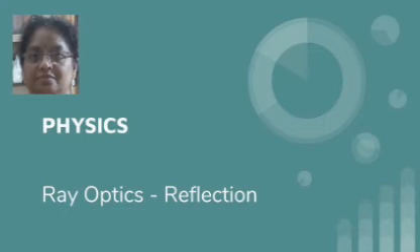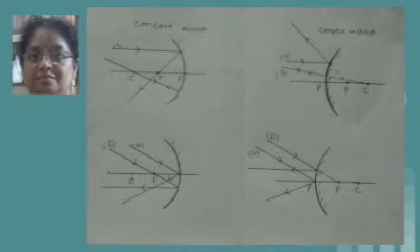For image formation of any point, we can take any two rays emanating from that point and trace their path to find the point of intersection, which is the location of the image formed on reflection at spherical mirror. These rays from the point could be: number one, the ray parallel to the principal axis, which after reflection goes through the focus of the mirror.